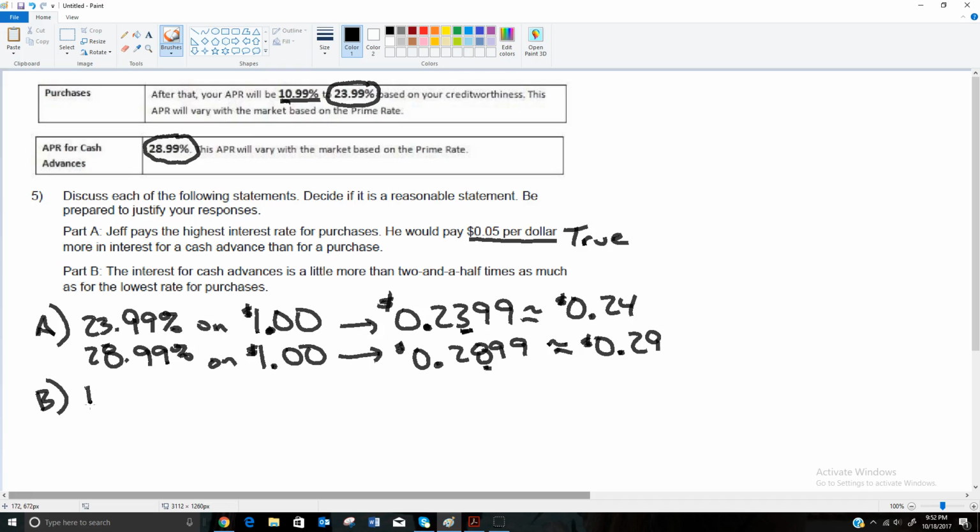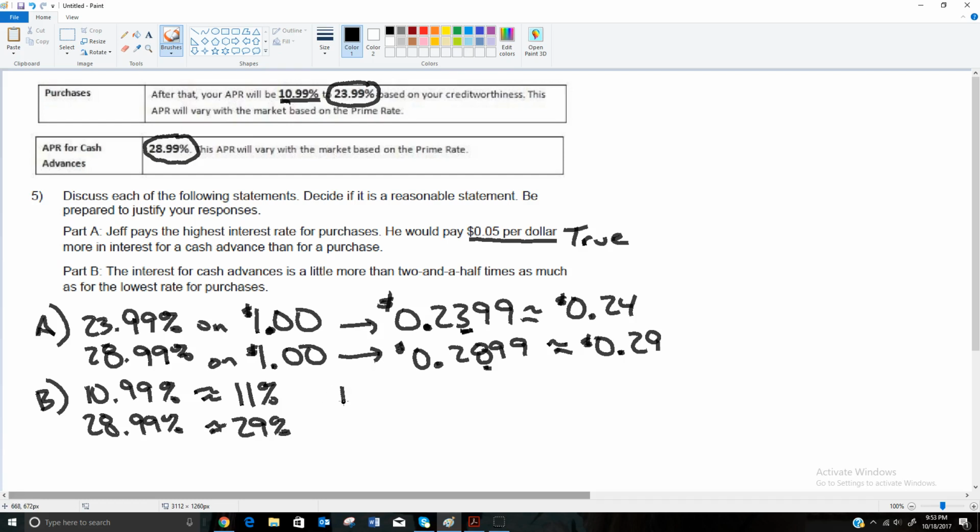Now remember, 10.99% is essentially 11%. Not quite, but pretty darn close. And then, of course, 28.99% is basically the same as 29%, just a tiny bit under that.